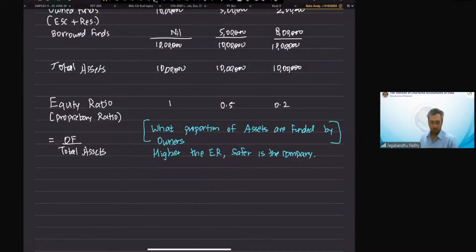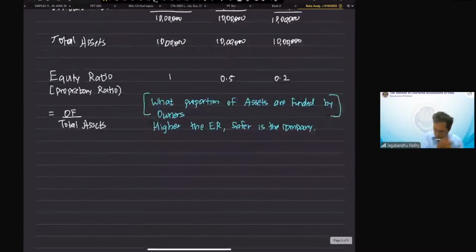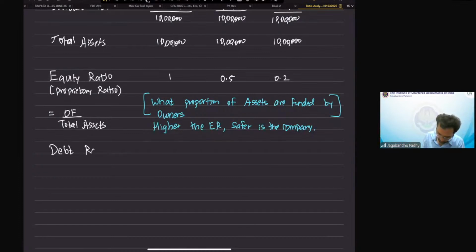Okay. Now the next ratio that we have is again going to be a complementary of the equity ratio, which is the debt ratio. The debt ratio is going to tell us borrowed funds upon total assets.